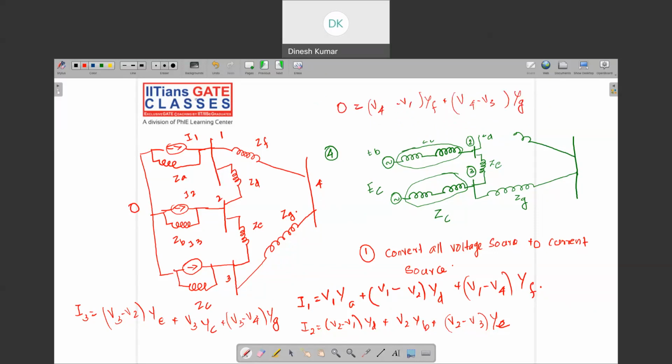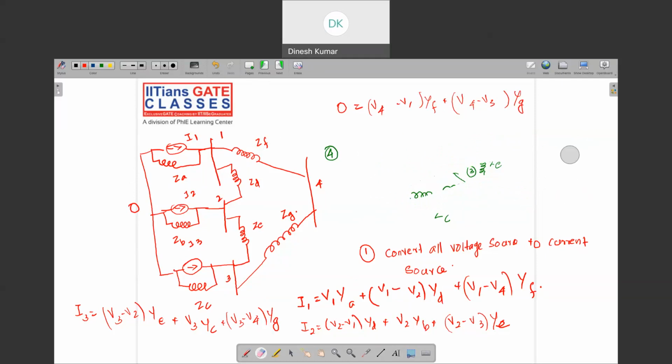So here we write I1, I2, I3, I4, where I4 is basically 0.